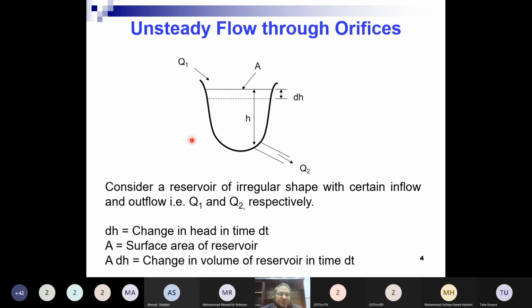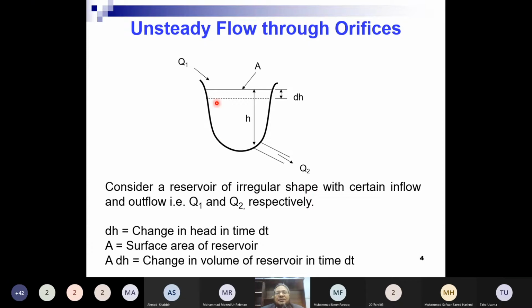Is it true? Yes, sir. So Tarbela and Mangla Reservoir are also like this. We can represent them in this way. Now we want to derive the expression for the time to empty the reservoir. So consider a reservoir of irregular shape.